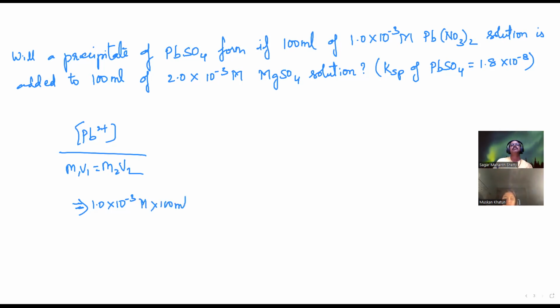Times 100 ml. That should be equal to your M2 times, what is the total solution? 100 plus 100 would be 200, 200 ml. Okay. Wait, what does M stand for? Is that the molar? Yeah, that's the molar, yes.